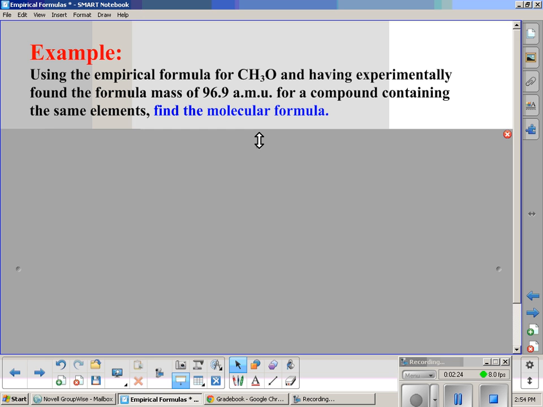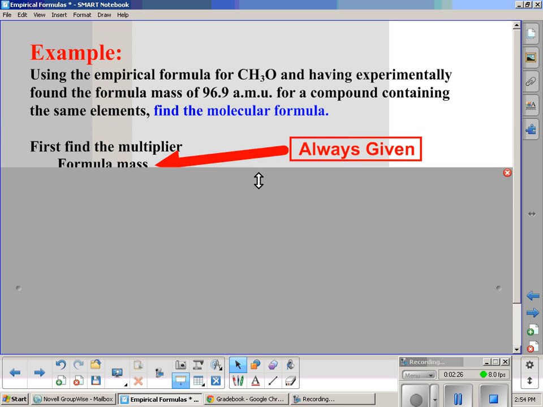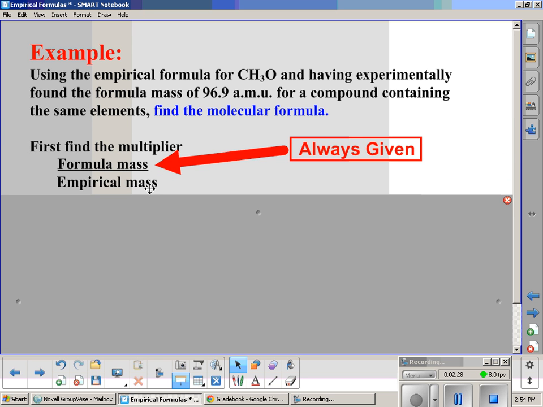So first thing we're going to need to do is find that multiplier using the formula we had on the last page. In your word problem, the formula mass will always be given to you because it had to be found experimentally, and you're doing theoretical paperwork calculations.